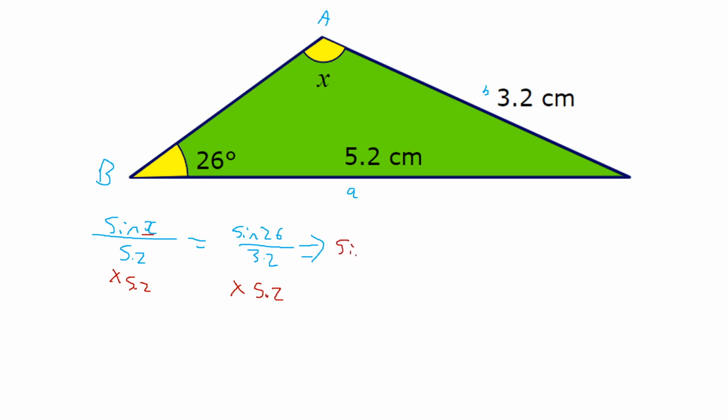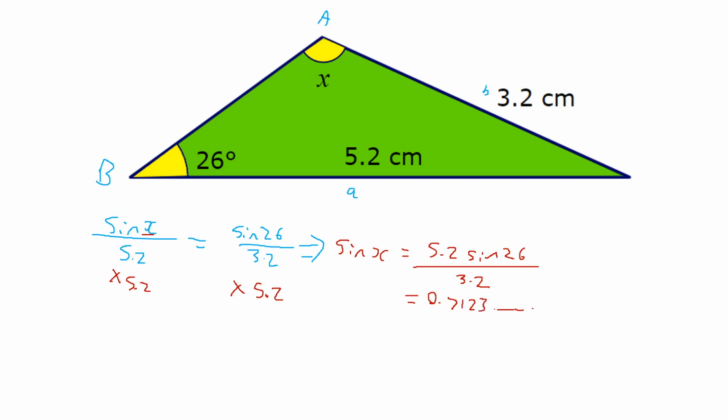So sine x is still going to be equal to 5.2 sine 26 over 3.2, which is equal to, when we put that on our calculator, we get an answer of 0.7123, whatever.